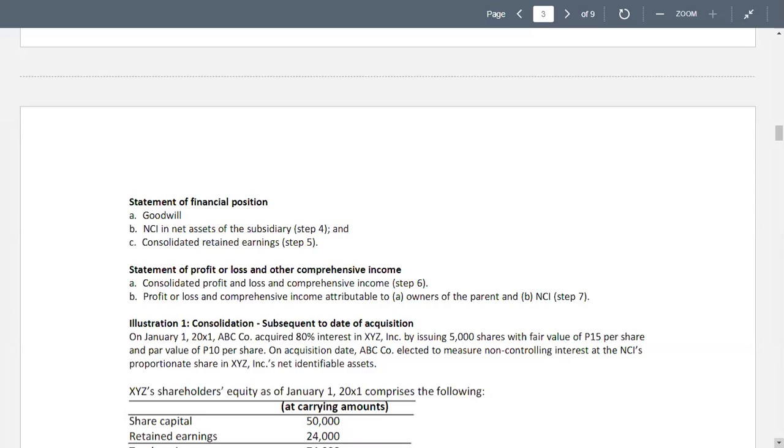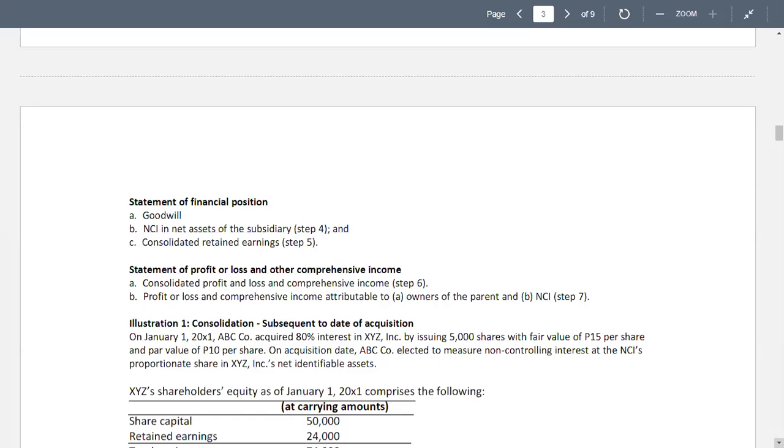In the illustration, ABC Company acquired 80% in XYZ by issuing 5,000 shares with a fair value of 15. So 15 times 5,000, that means 75,000. Though the par value is only 10, meaning there is an excess over the par value equal to 5 pesos.